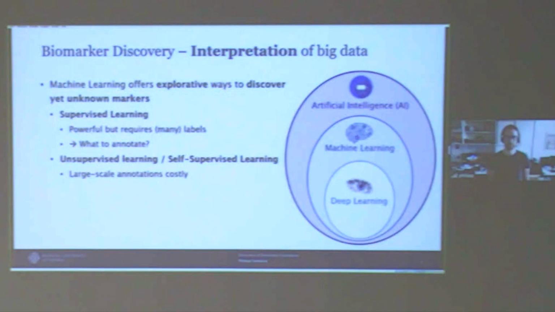So how can we train these models? On one hand, with supervised learning. When we have input data, we have a specific target, so we need manual labels for that. In the medical domain, usually this is done by doctors, so they are costly. And it's also the question, when we want to detect something new, what should we annotate at all?